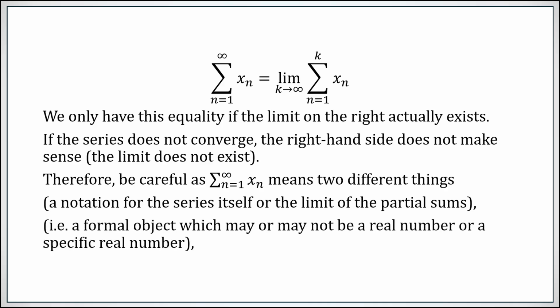So it's both at the same time a formal object which may or may not be a real number, or it can be a specific real number, the limit of the partial sums. This is a fairly minor distinction in practice, but you should be careful of the distinction between the two ideas: a formal object, a limit which may or may not exist, versus the actual real number that is the limit.